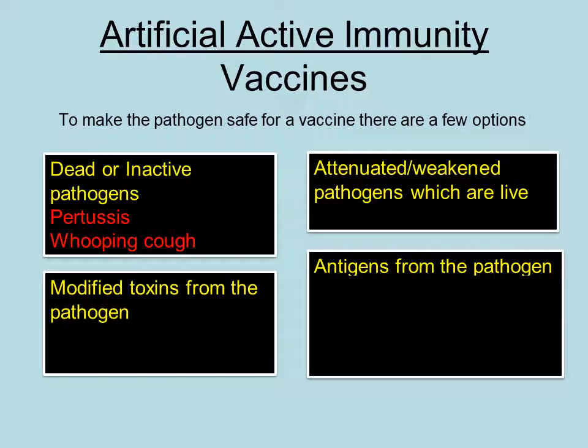An example of this would be pertussis, also known as whooping cough. Now, whooping cough is a respiratory infection which used to be quite common in children, and most small children get whooping cough vaccines now. You normally have those when you're very little, and you have a couple of boosters.